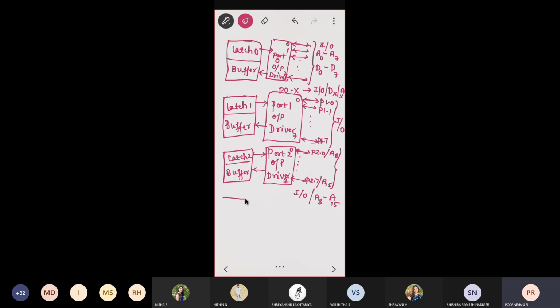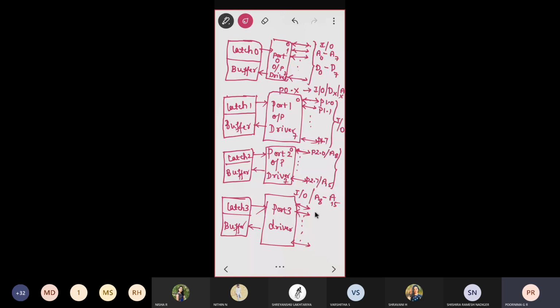The last port pins, port 3. Port 3 also will have one latch that we are representing as latch 3, buffer there. You can look here, port 3 driver, TTL. In order to make it TTL compatible, to sink the driving current and source currents, we will be going for drivers.